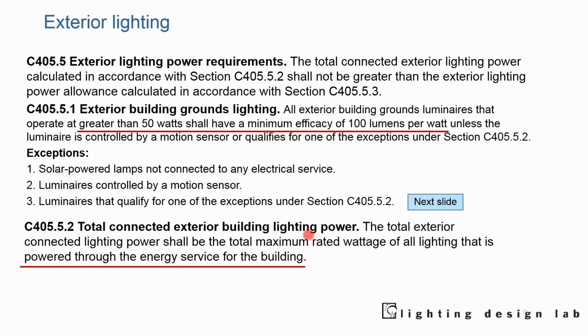Total connected exterior lighting power is everything on site that's powered through the energy service of the building. So you may actually have fixtures on site that are controlled from some other source, maybe city power or county power, perhaps, and those wouldn't count.